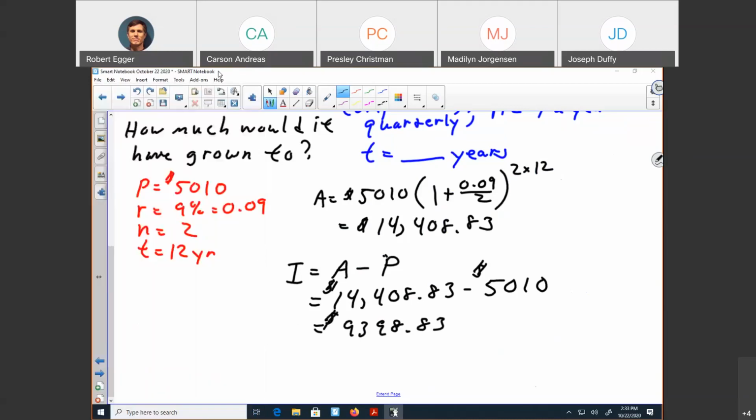Okay, so in 12 years, you almost made twice as much as your initial investment in interest, and you almost tripled your money, just shy of tripling it. The power of compound interest.